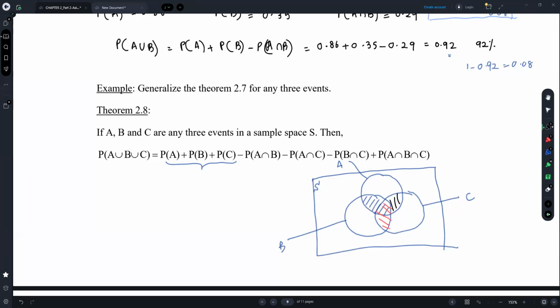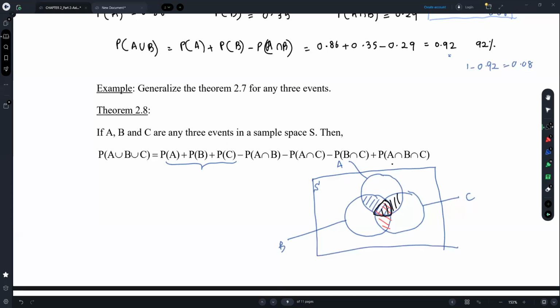So you subtract the overlaps of 2 circles. And when you are doing that, what happens? This area, the overlap of all 3, was gone. So you have to add it back. So plus the intersection of A, B and C, right? So there's a pattern you can see.